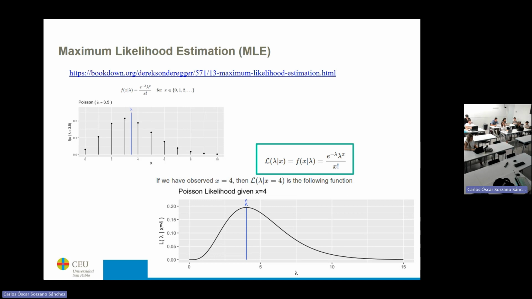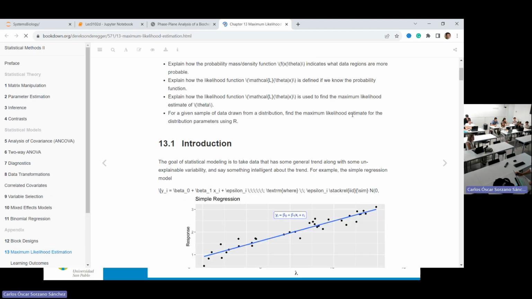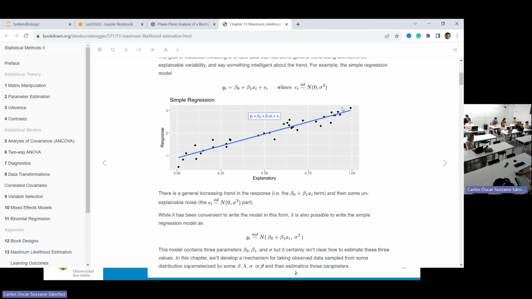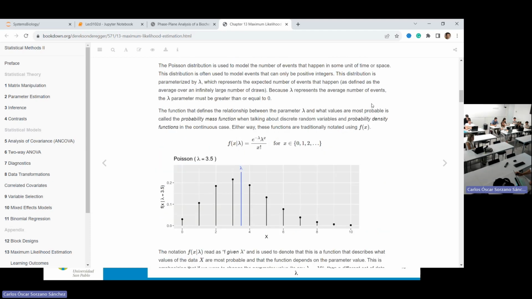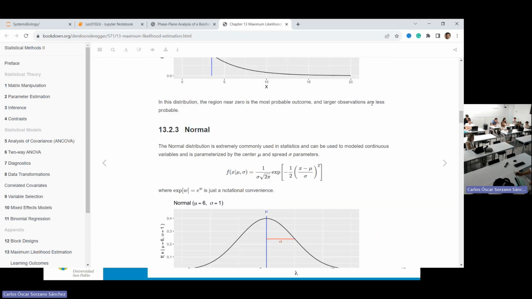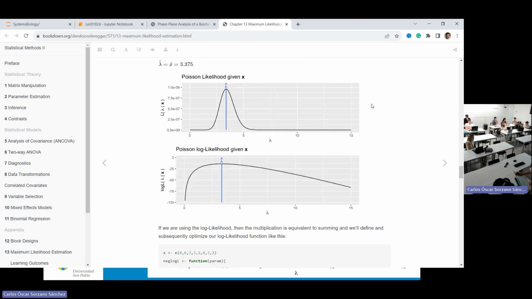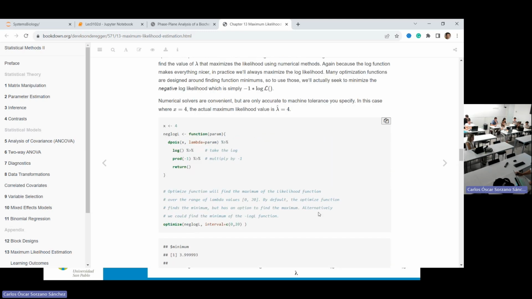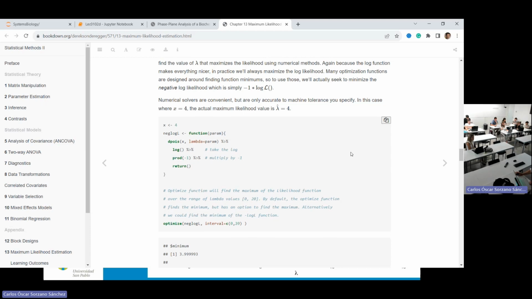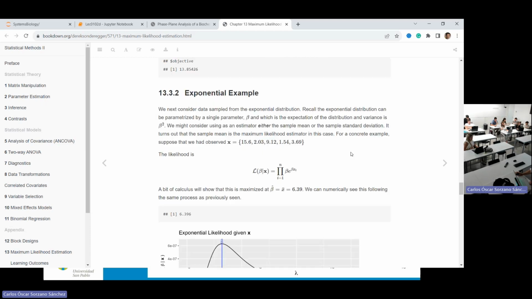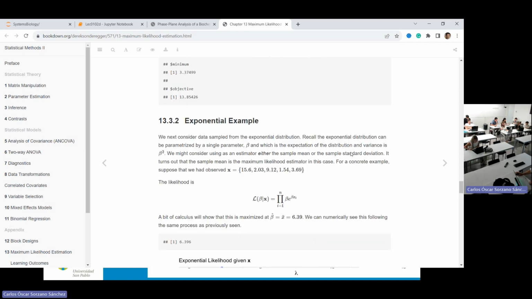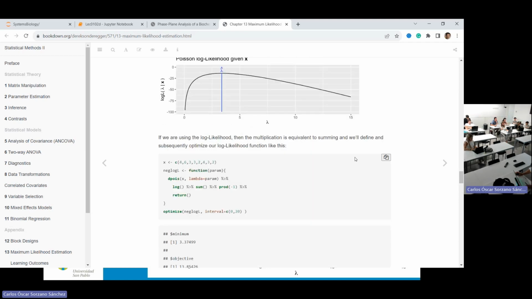Let's look at this one. So here you have a full discussion of this maximum likelihood thing. But let's say that you have some data. Here it is with some code so that you can try all this kind of stuff.